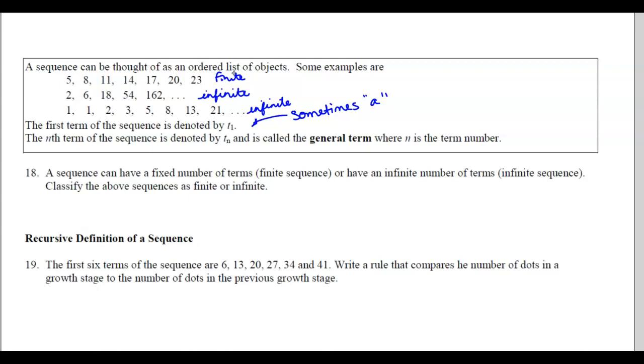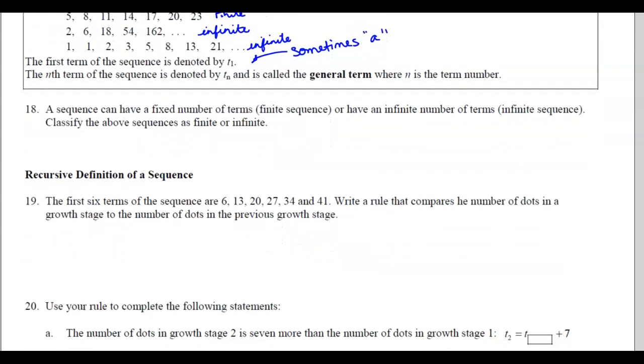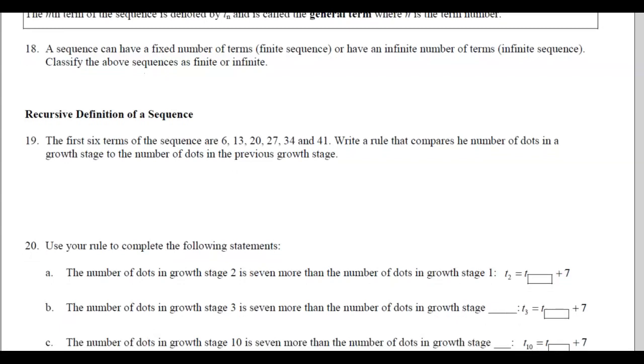Okay. All right, so we came up with an equation for the general term for the growth stages of the fish. We're going to do a whole lot more of that, but we also want to think about what's called the recursive definition. So if you've taken any computer science, you've done some work with recursion, right, to keep a number going back in to get the next and the next and the next. And that's basically what the recursive definition is for a sequence.